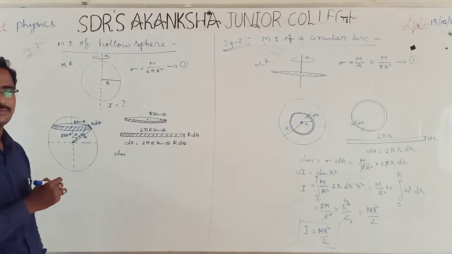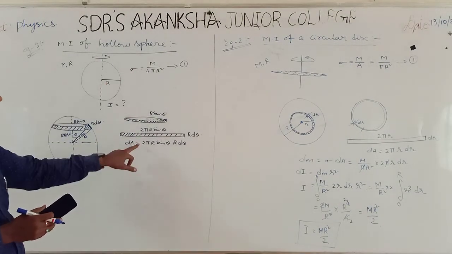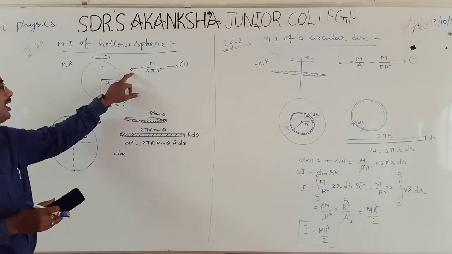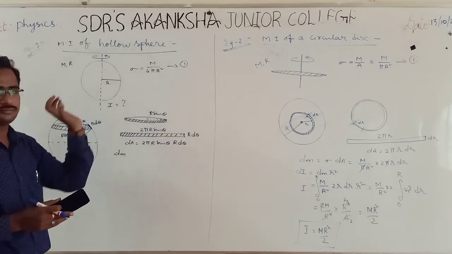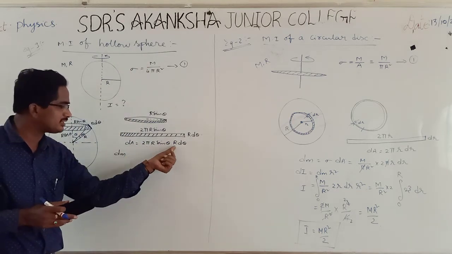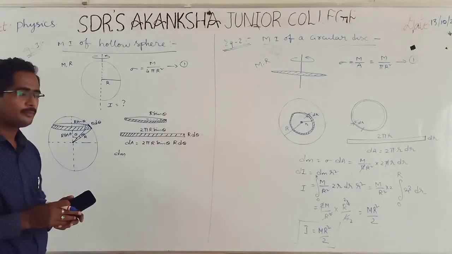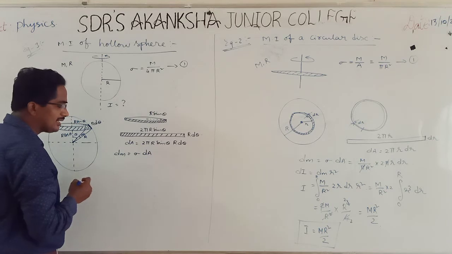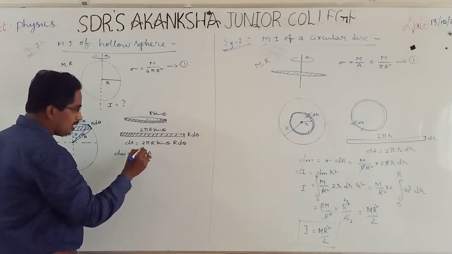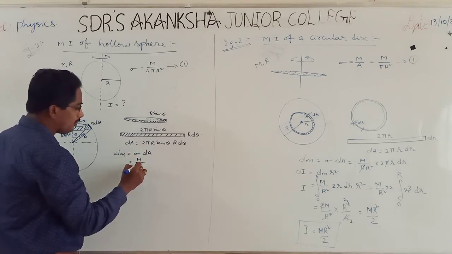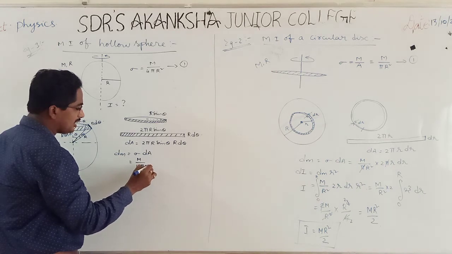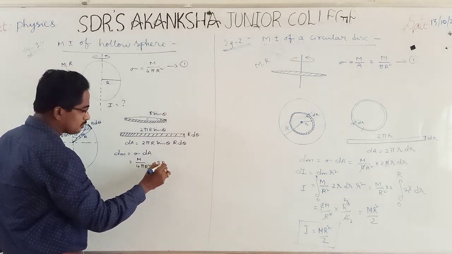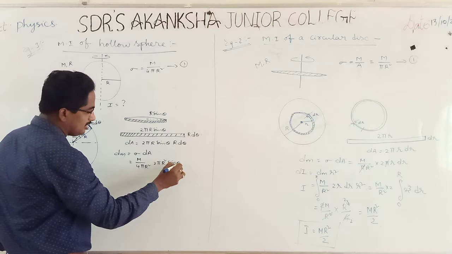How do we get mass? By multiplying sigma with dA. Sigma means what here? Mass per unit area. But I want to get the mass of this area. How to get it? By multiplying that dA with sigma, where sigma is M by 4 pi r square, into dA, which is 2 pi r square sin theta d theta.